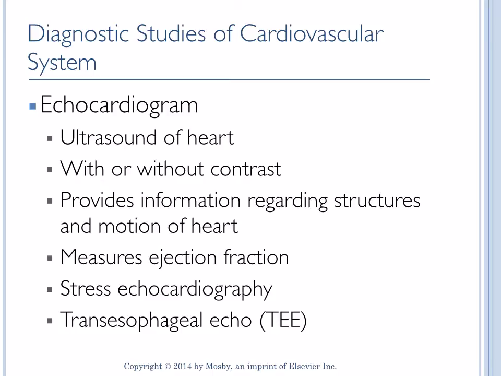It uses a flexible endoscope probe with a transducer in the tip for imaging of the heart and great vessels. The probe is passed into the esophagus to the level of the heart, and then the image is obtained. Now, TEE will not be done on a patient who has a history of esophageal disorders, dysphagia, or radiation therapy to the chest walls. Patients require sedation during a TEE.